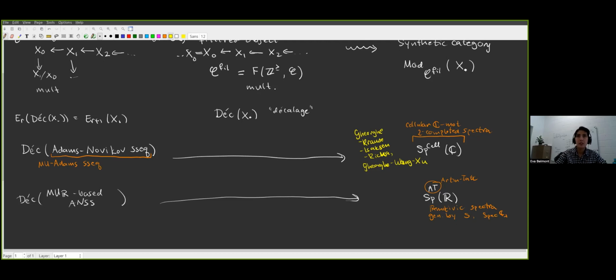This is due to Burklund, Hahn, and Senger. So if you want to study R-motivic homotopy theory, what you can do instead is study the MUR-based Adams-Novikov spectral sequence.